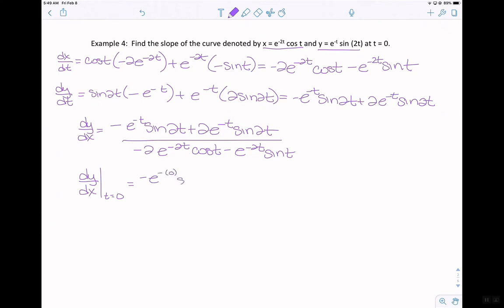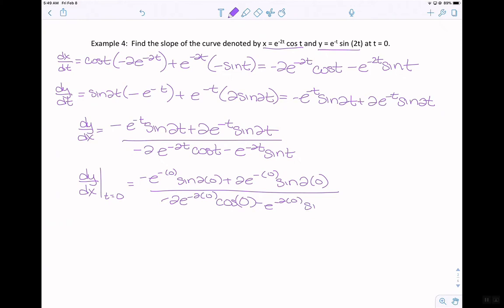So negative, plug in 0, sine of 2 times 0, plus 2 e to the negative, plug in 0, sine, and there is no negative 0, but I'm just leaving all the signs there. 0 divided by negative 2 e to the negative 2 times 0, cosine of 0, not plus, minus e to the negative 2 times 0, sine of 0.